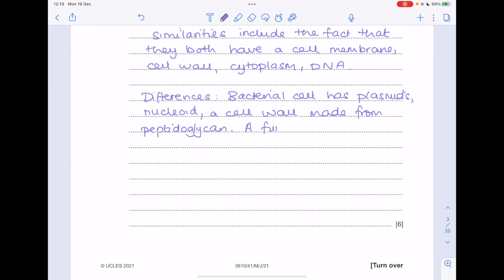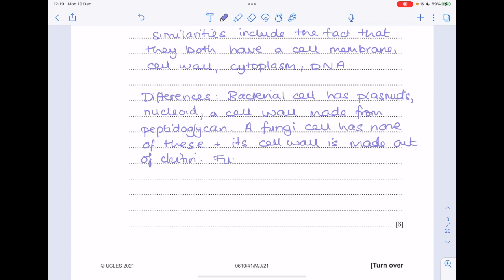A fungi cell has none of these, and its cell wall is made out of chitin. In addition, the fungi cell has a nucleus and a vacuole and mitochondria, whereas the bacterial cell does not.